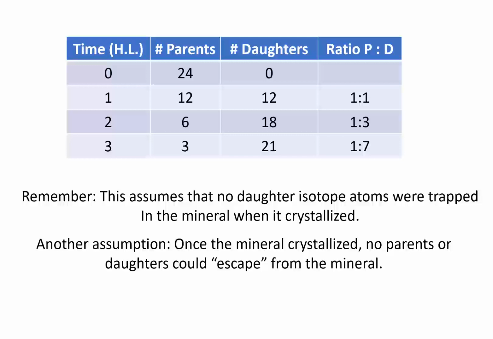That's not always the case, because when rocks down in the crust get heated, the bonds between the atoms in the crystals begin to break, and you can get some leakage of parent or daughter isotopes into or out of the mineral crystals, and that will completely mess up the radiometric dating if you're trying to use this method that we're showing here.